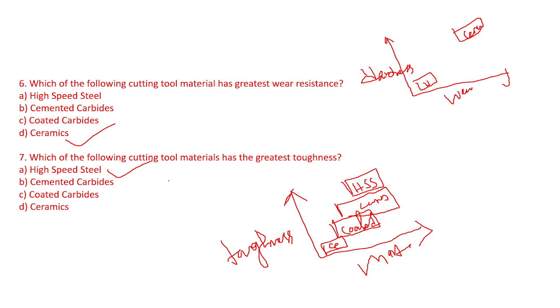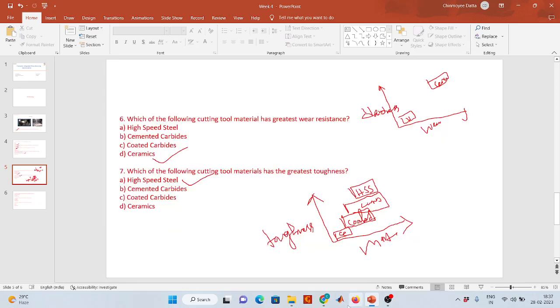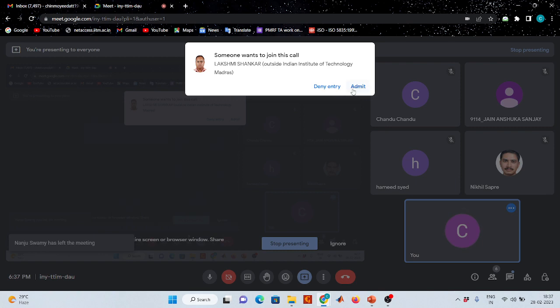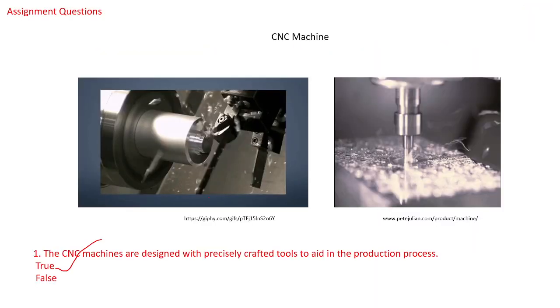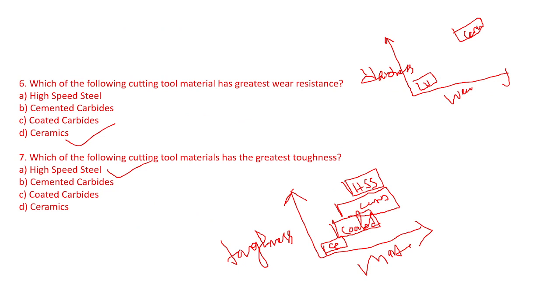Cemented carbide, if we say, is a hard material used extensively as a cutting tool material. In the past also we have seen that. It even withstands higher temperatures at the cutter-workpiece interface than standard high-speed tools.